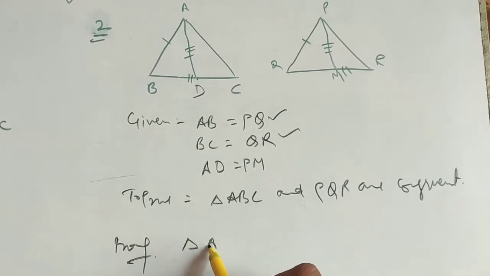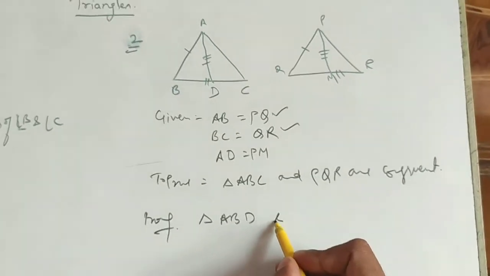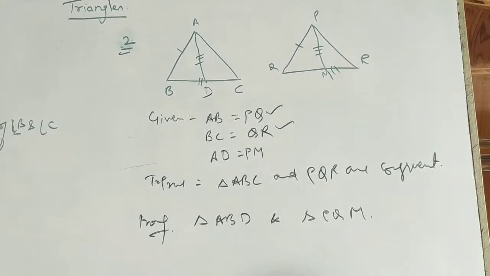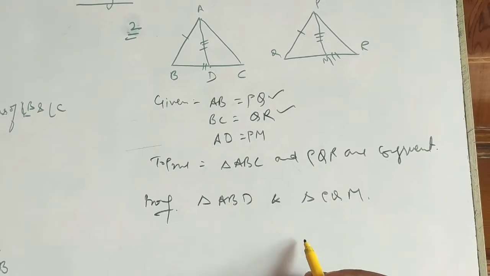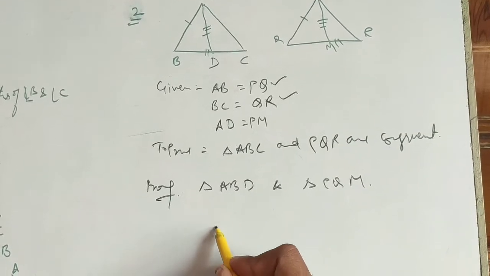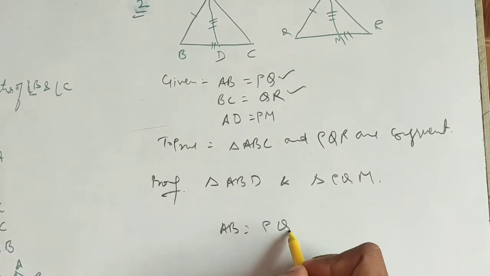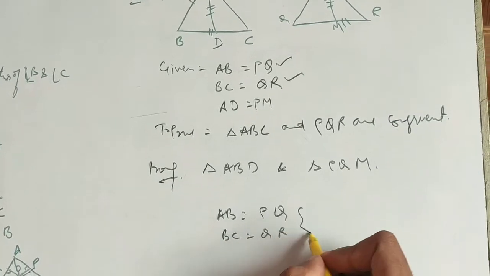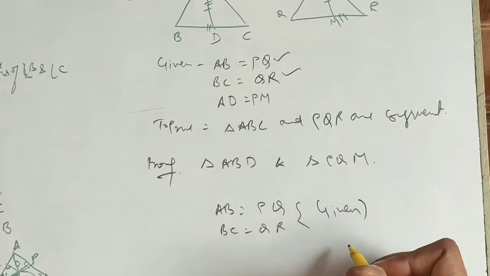So first we will look in triangles ABD and triangle PQM. We are looking at the triangle ABD and PQM. In this we have AB is equal to PQ, BC is equal to QR. These two parts are given.